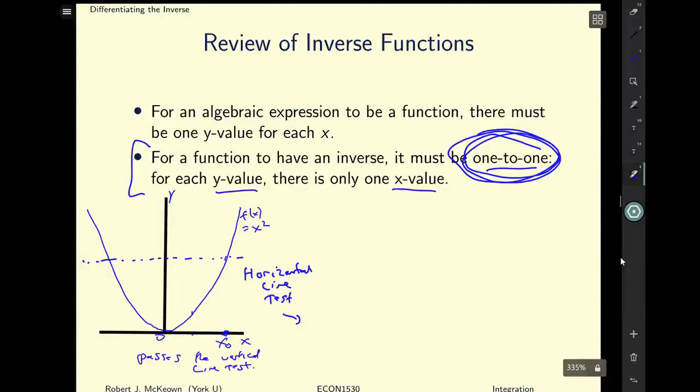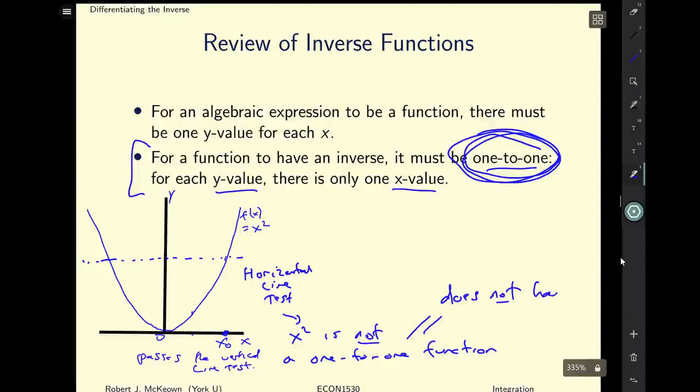And x squared is not a one-to-one function. It fails the horizontal line test. And that means that, generally speaking, it will not have an inverse. It does not have an inverse.